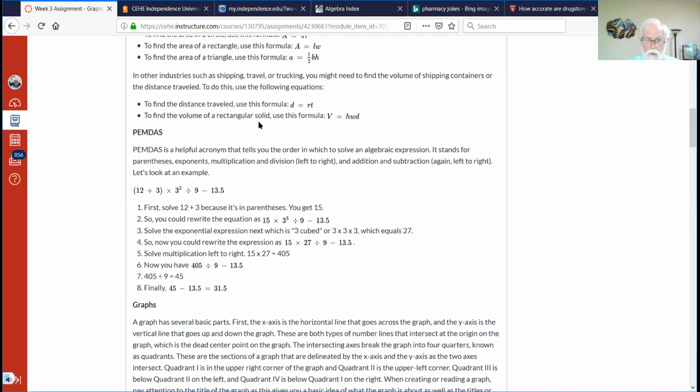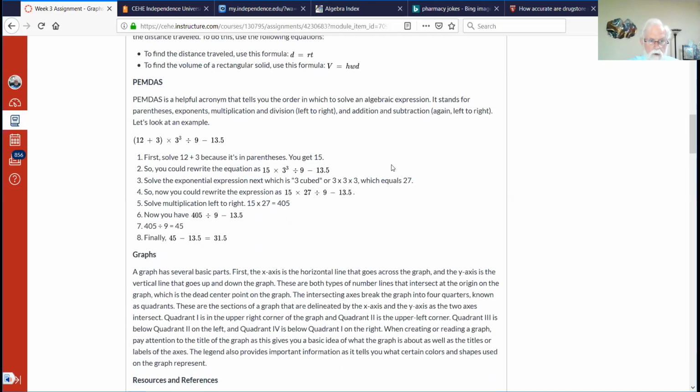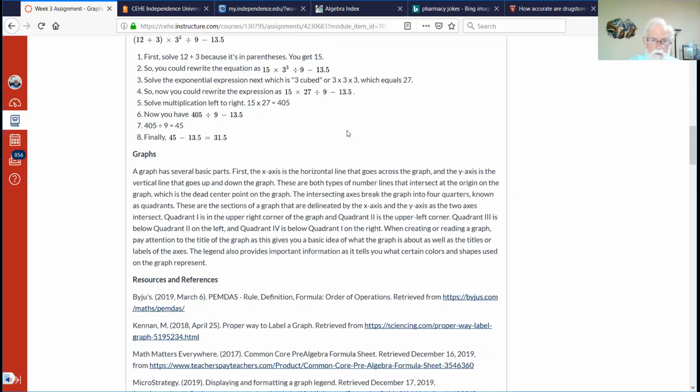The volume of a box, a rectangular solid, is the height times the width times the depth. This sometimes will be abbreviated L for length. Okay, length, width, and depth. So there is one of the things that we have for these kinds of things.